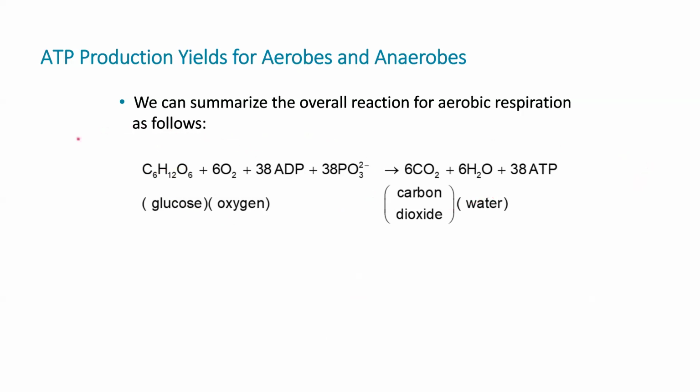We need our 1 glucose molecule, we need our 6 diatomic oxygens, 38 ADP with 38 phosphates, which will result in our 6 CO2 and our 6 water molecules, as well as 38 ATP. So we get 1 water molecule per carbon in our glucose. Or sorry, 1 CO2 and water molecule for each of them.